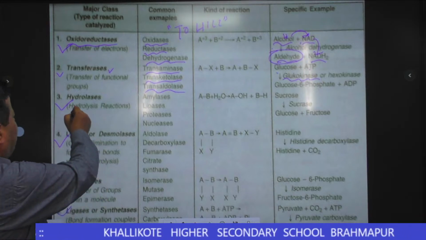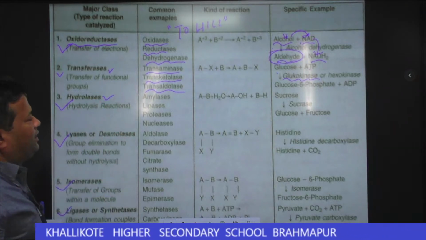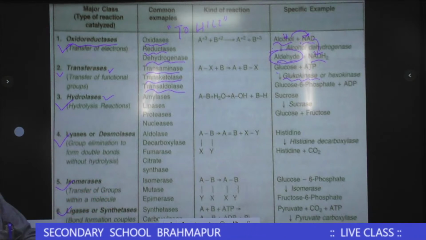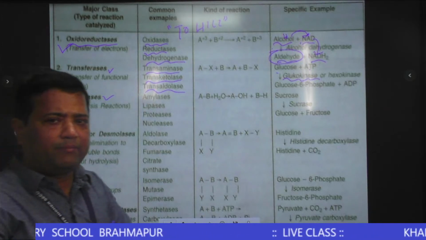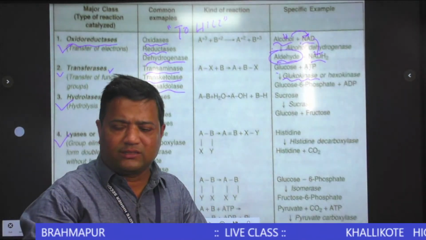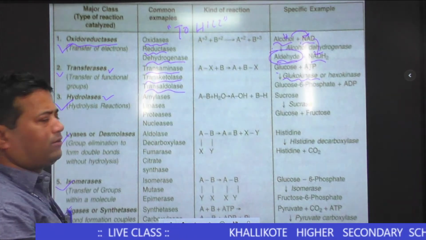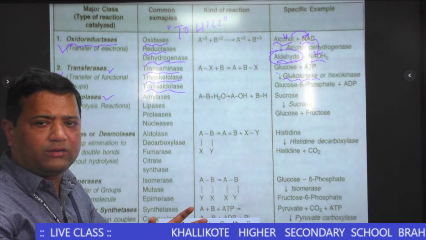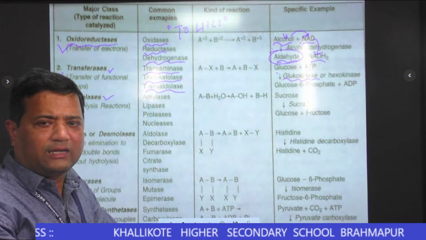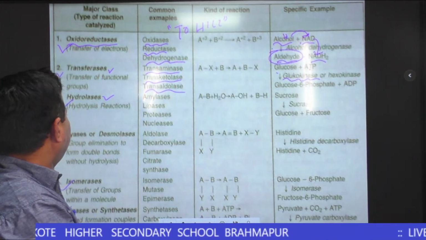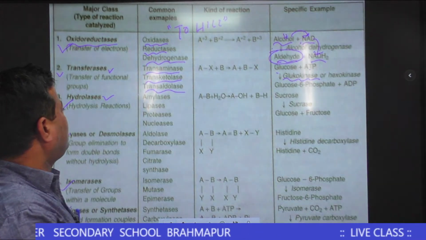Then another enzyme class is hydrolases. Hydrolases are the enzymes that catalyze the hydrolysis reaction. Hydrolysis means hydro means water, lysis means breakdown: addition of a water molecule to a compound and breakdown of the compound to a product.